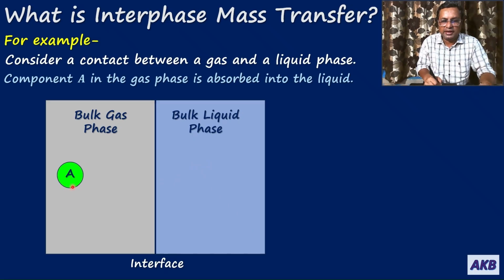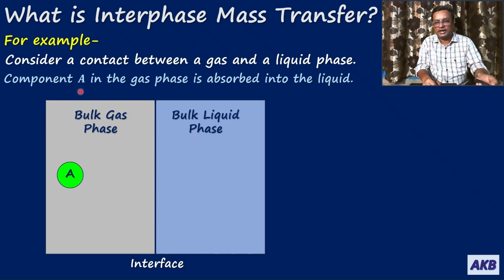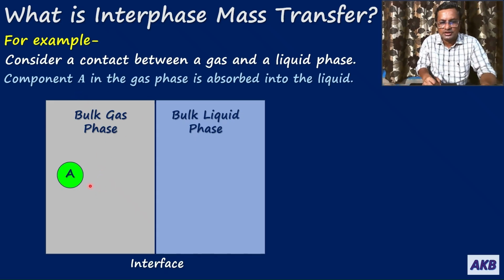Initially A is in the bulk gas phase, and since there is a concentration gradient within the bulk gas phase, for absorption of A into the liquid, A will be moving to the interface. So there is a concentration gradient in this direction. This movement has occurred within the bulk gas phase because there is a concentration gradient.